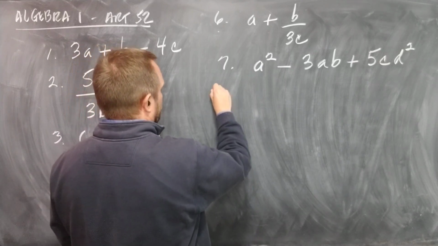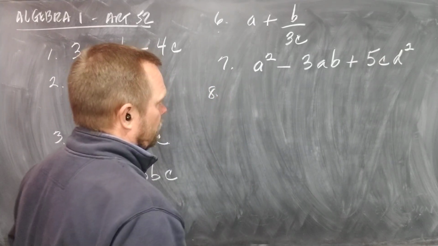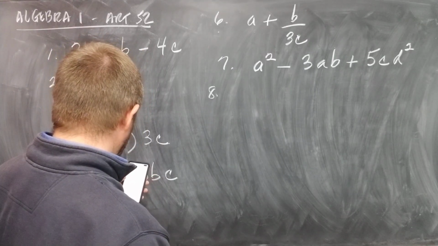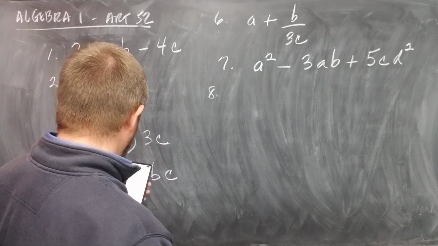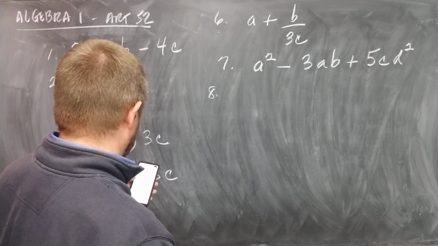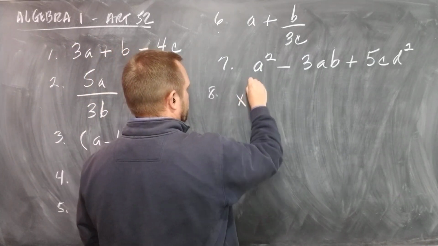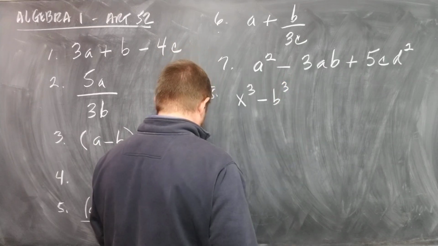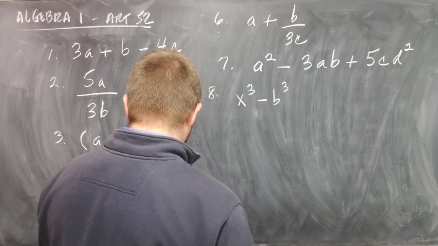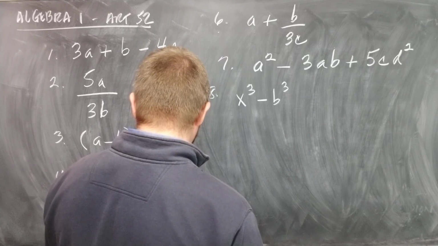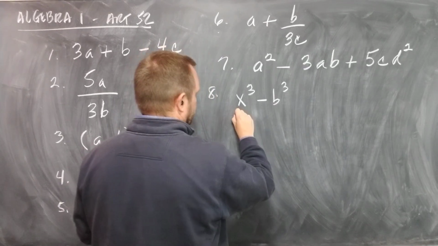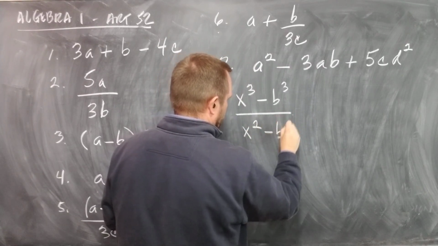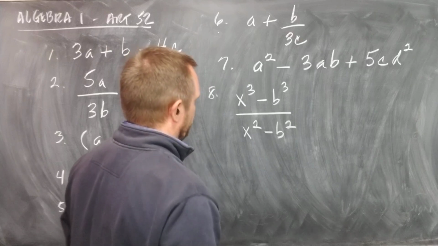Number 8, and of course these get a little more complicated. Hopefully I won't run out of space here. Number 8, x cubed minus b cubed, divided by x squared minus b squared.